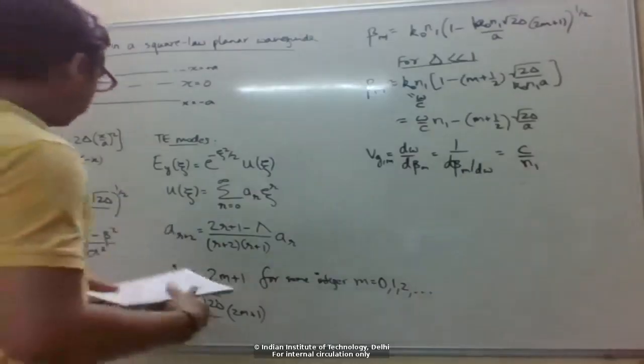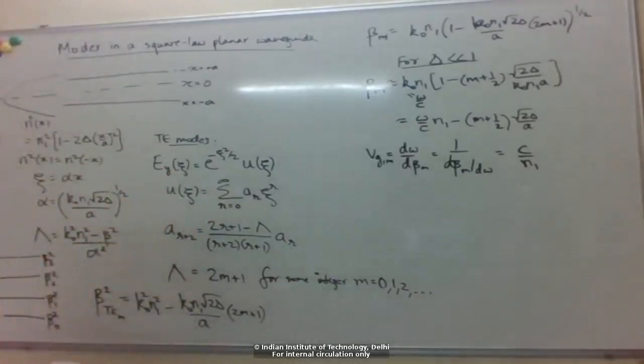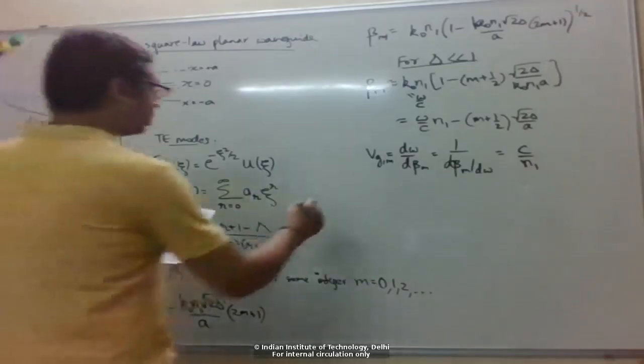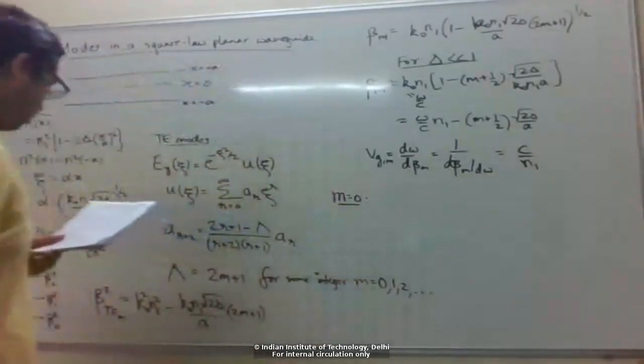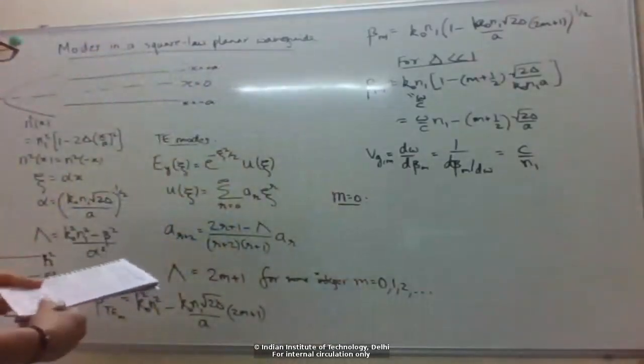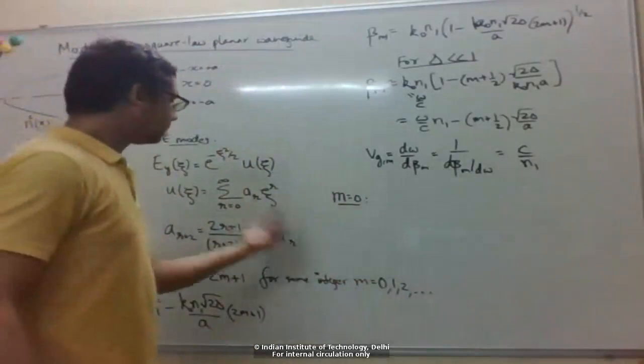Okay, so now let's look at these mode profiles that you get. So m equal to 0 will be the first mode. So m equal to 0 means just a0 is non-zero.